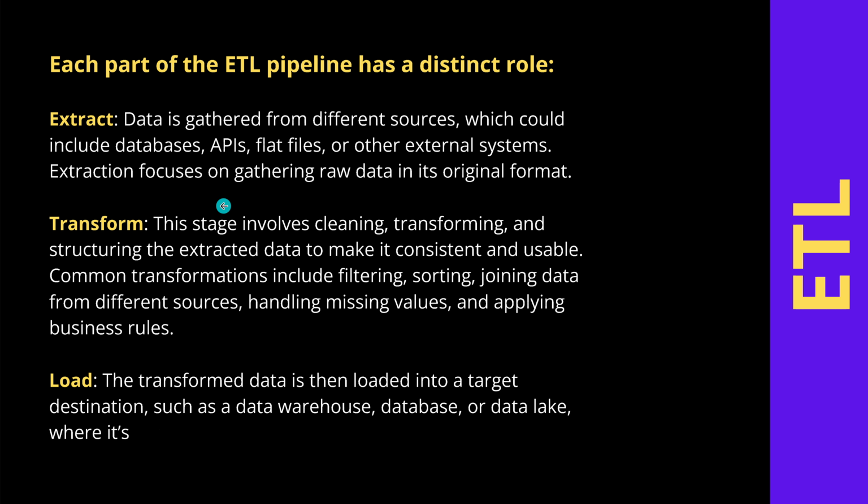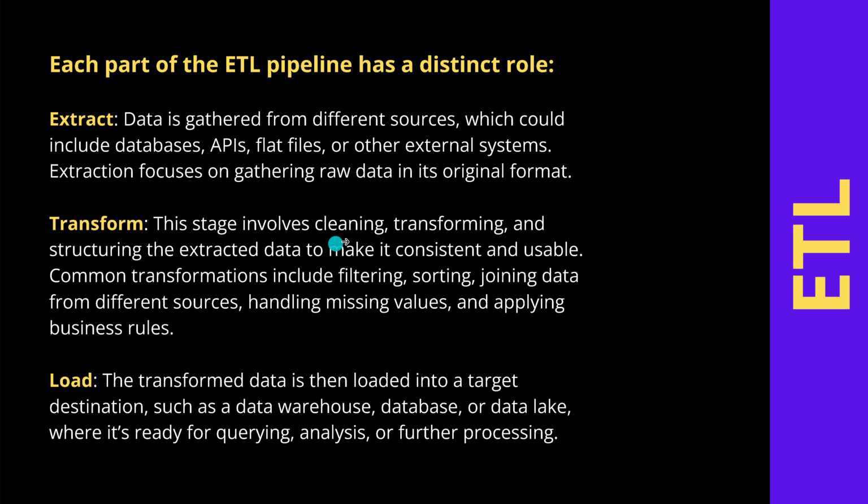So therefore I have 1 minute to explain ETL: extract, transform, and load. Extract is simple. Data is gathered from different sources, whatever it is, with an API, from databases, from flat files, external systems, whatever we have. Then we have transform.